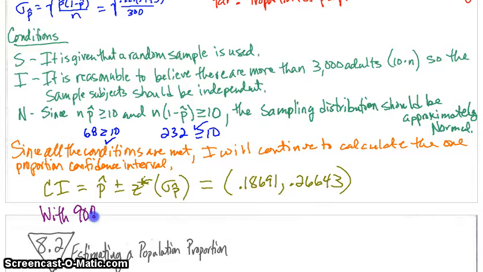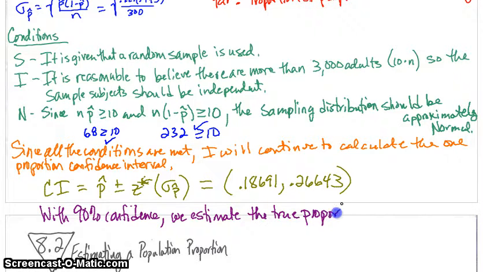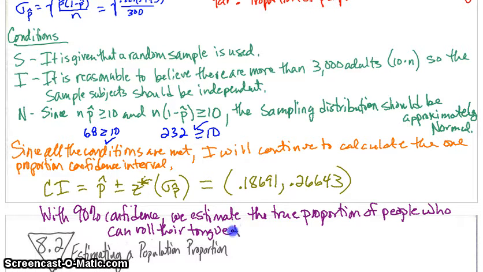With 90% confidence, we estimate the true proportion of people who can roll their tongue to be between 18.7% and 26.6%. And we have finished. That is me working it out right in front of you.